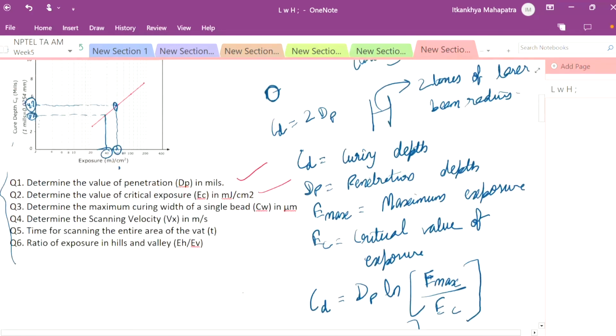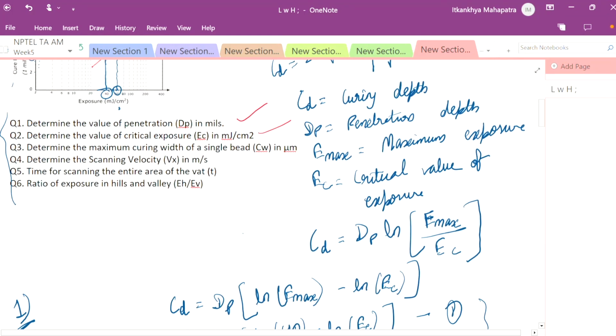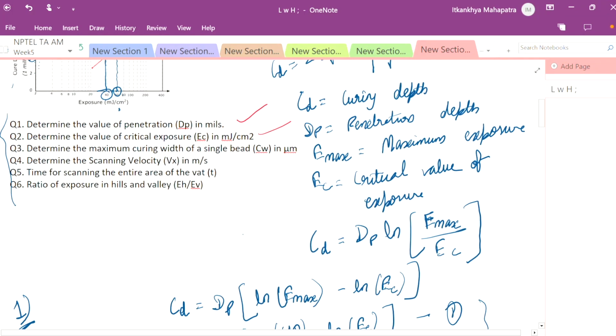Now the next question, the last question, is a little bit lengthy. The ratio of exposure in hills and valleys, EH by EV, where H and V are subscripts. Now we'll solve this.